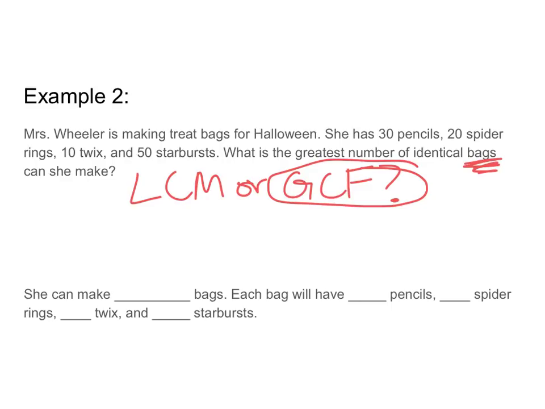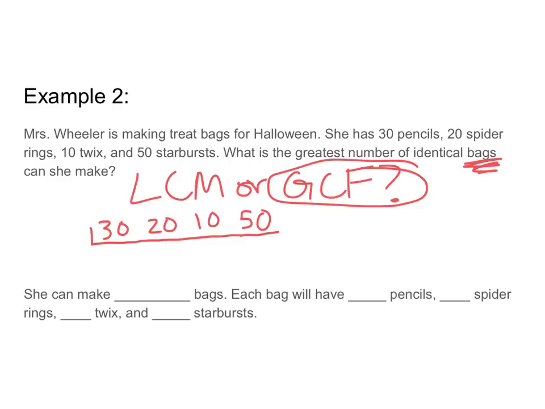But we start out the same either way. We're going to make a cake. And now we have 4 numbers to go on our cake. And we're looking for a common multiple of all 4 of them.